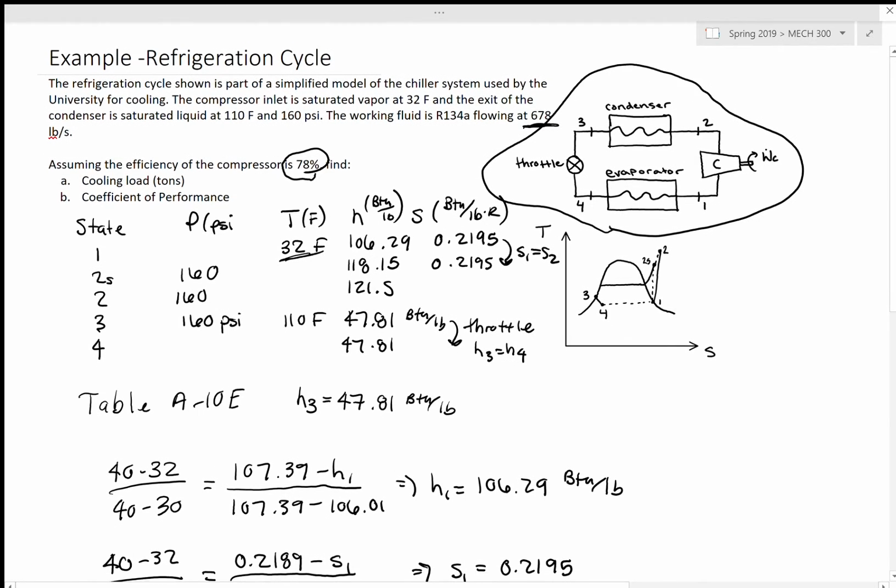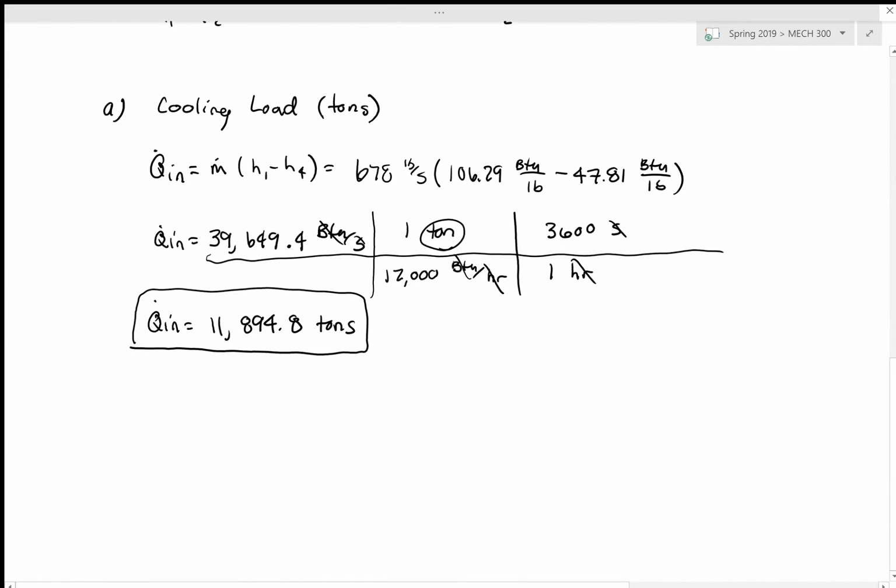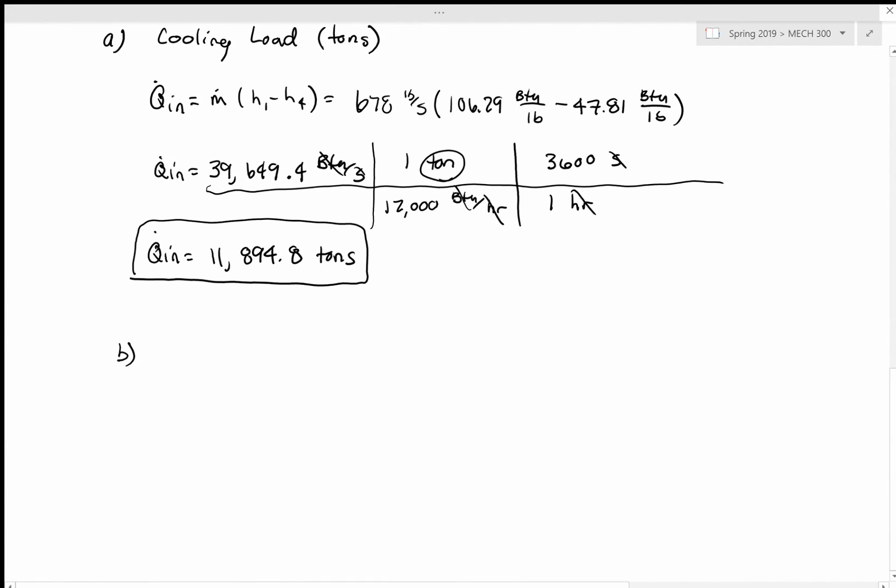And part B asks us to find the coefficient of performance. To find our coefficient of performance, we can use this equation. Our coefficient of performance is equal to our Q dot in over our W dot of our compressor. And so that is going to equal m dot times (H1 minus H4) all over m dot times (H2 minus H1).